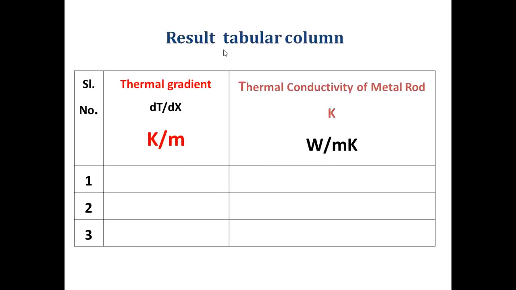Then the result tabular column will be like this, and as well the graph of thermal conductivity versus thermal gradient. You want to take three trials and do the calculations. Thank you one and all.